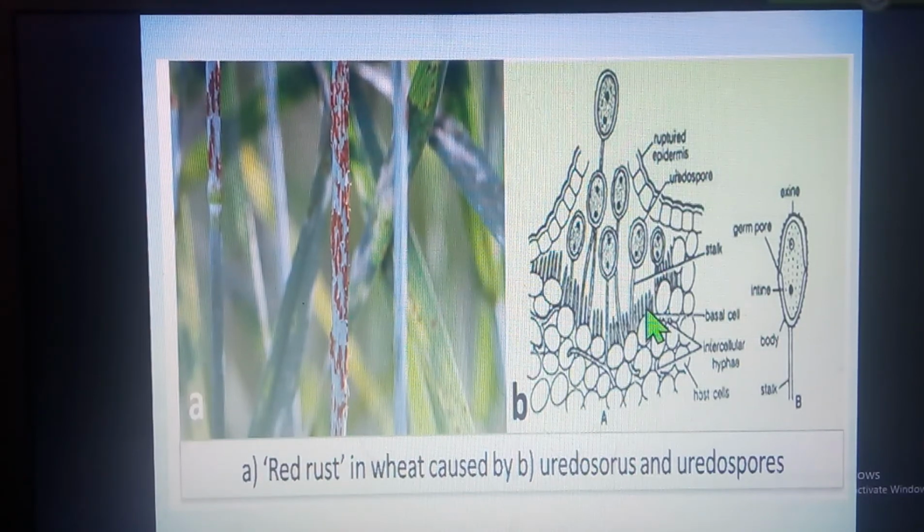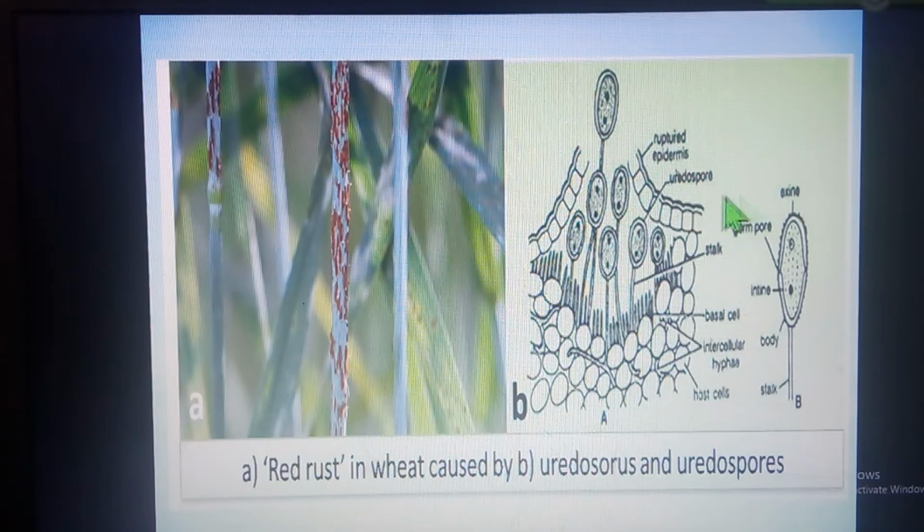With maturity, the host epidermis ruptures. It bursts due to the pressure of the development of these spores, and the urediospores become exposed.